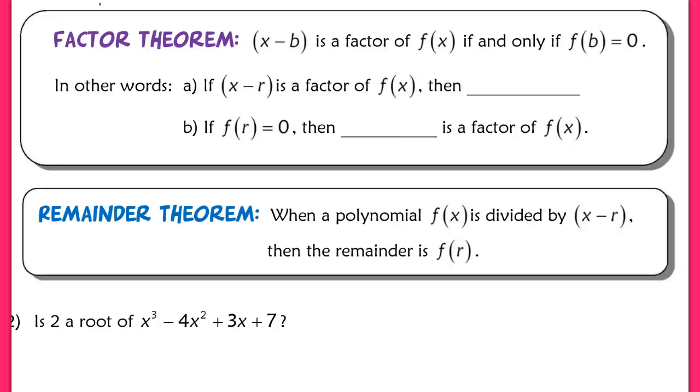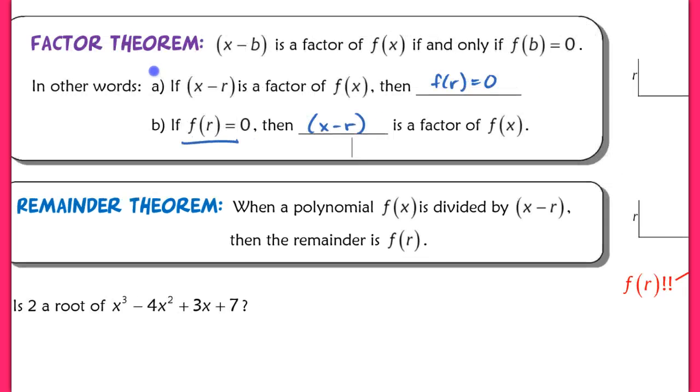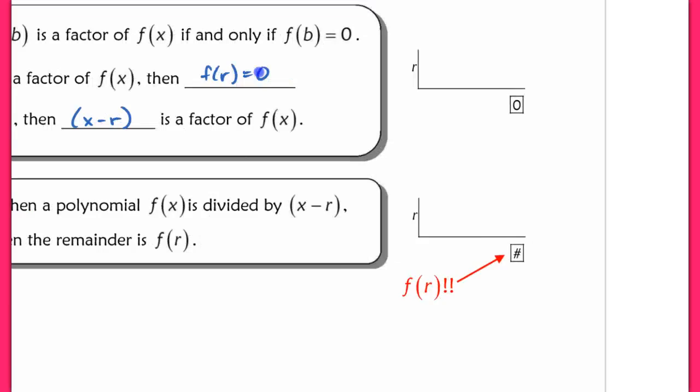In other words, if x minus r is a factor of f of x, then you can assume that f of r has to equal 0. And likewise, if you already know that f of r equals 0, then you can assume that x minus r has to be a factor of f of x. Now you'll see that in synthetic division.